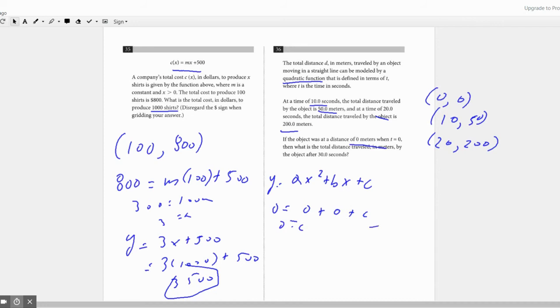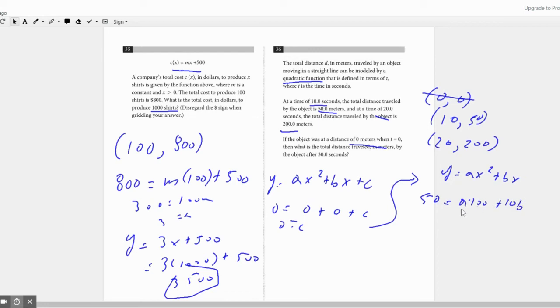And so now we can go back to our original, and we have y equals ax squared plus bx, and then plus 0. So just that. Now that we've used that to find c, we'll use the other two. We'll have 50 equals a times 10 squared, which is 100, so a times 100 plus 10b.